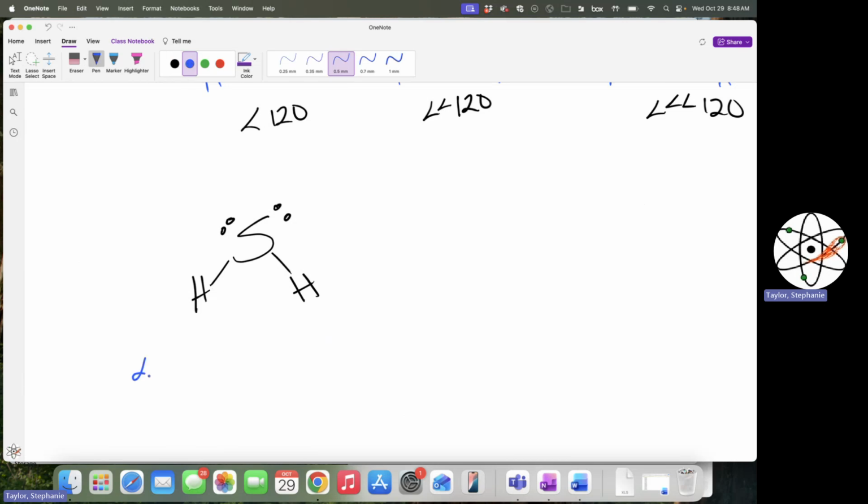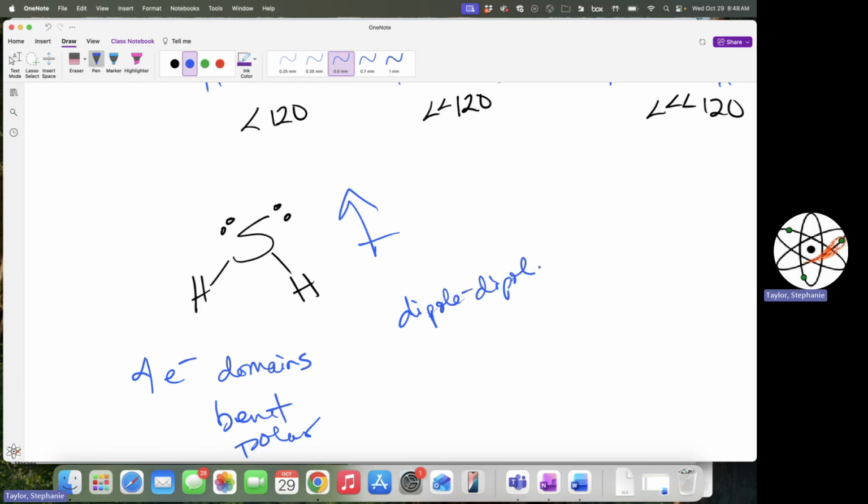This thing has 4 electron domains. It's bent. It's polar. It has a dipole moment. So when we look at intermolecular forces, this has dipole-dipole interactions, and this has dispersion forces.